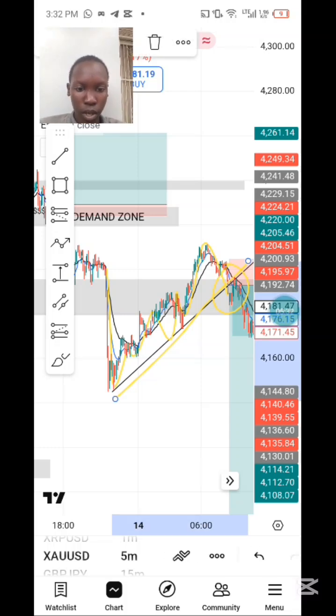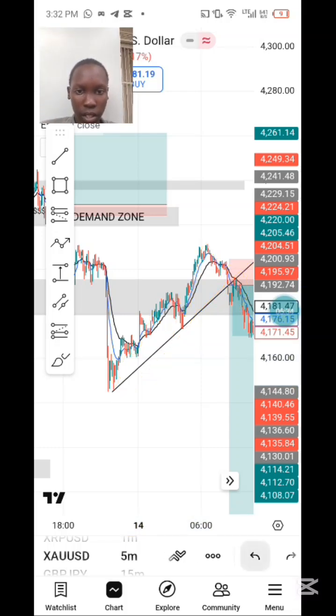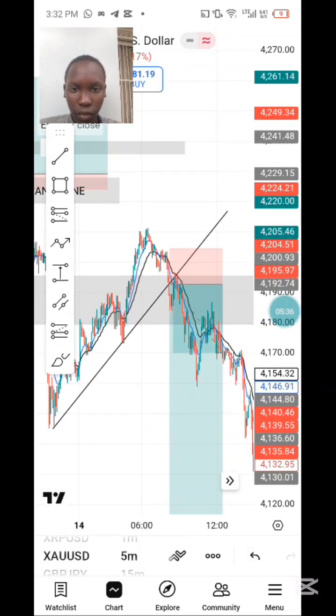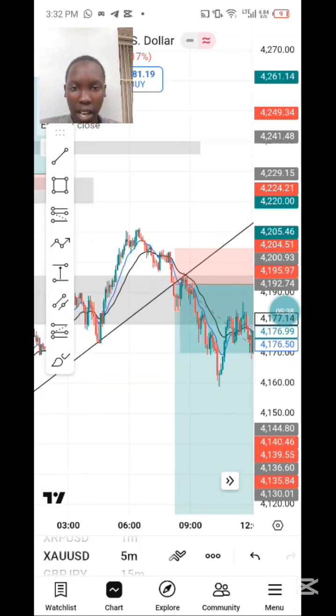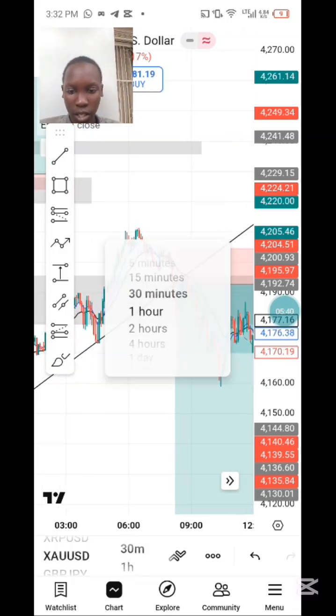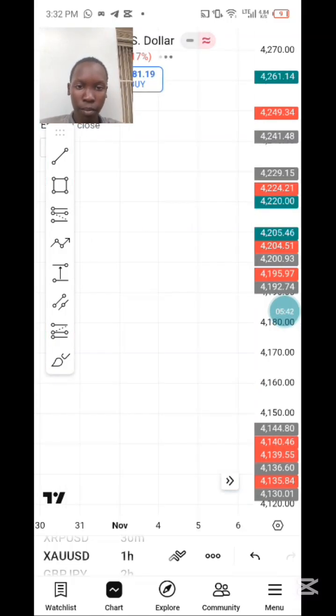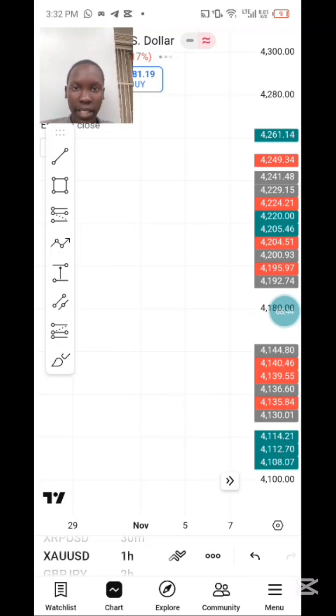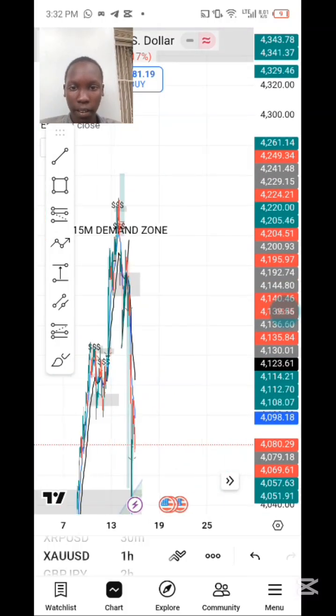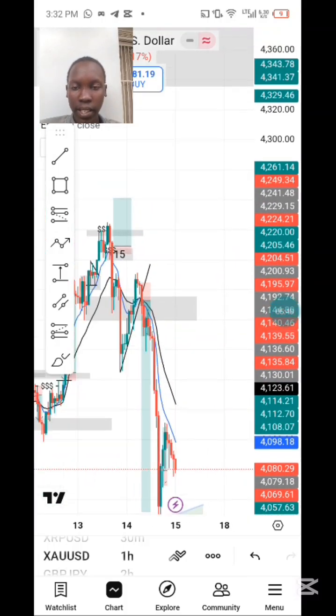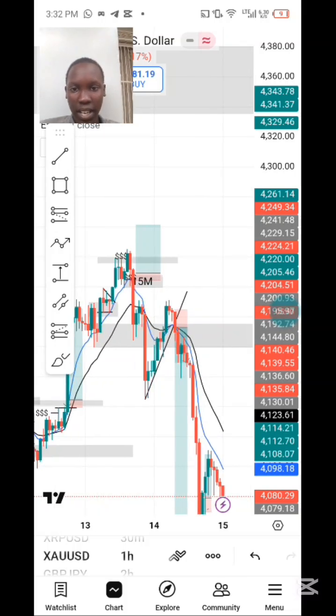So let's quickly move this. Now I identified the trend in the 1h time frame. I saw that in the lower time frame the market shifted.